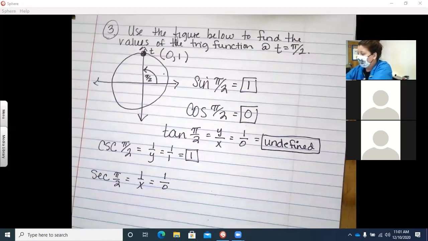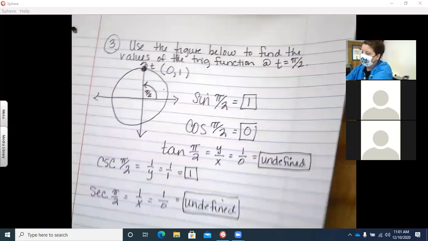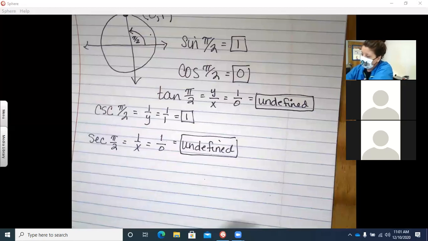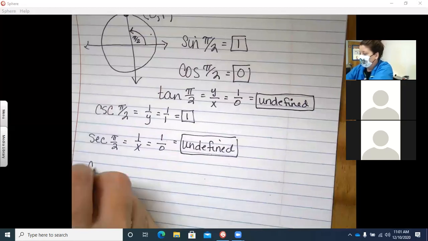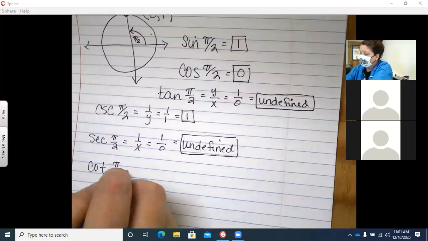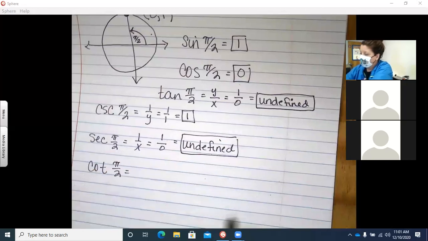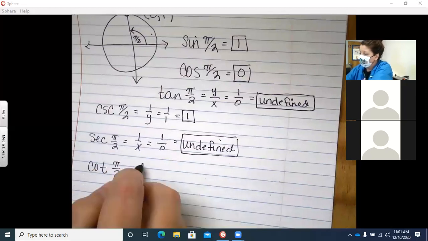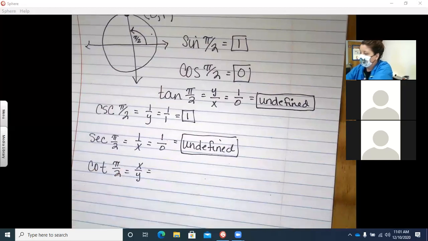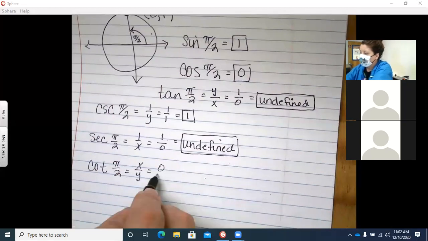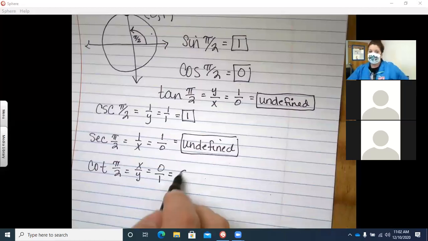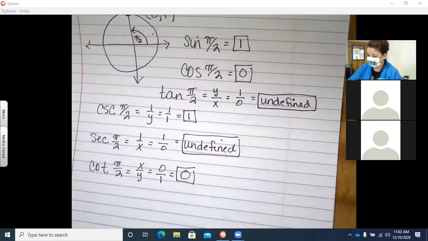We can't have that. Undefined. And then we have the cotangent of pi halves. Cotangent is the reciprocal of tangent, so it's x divided by y. So 0 divided by 1, is that undefined? That is 0. 0 in the numerator reduces to 0. 0 in the denominator, undefined.